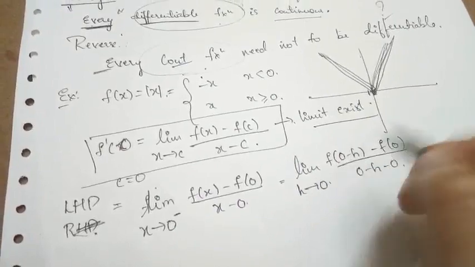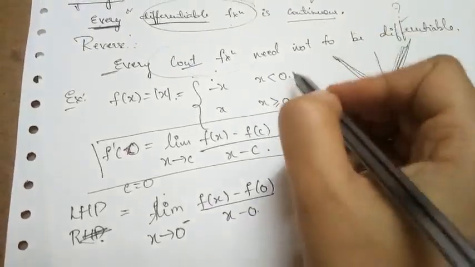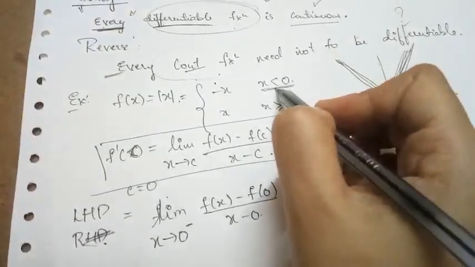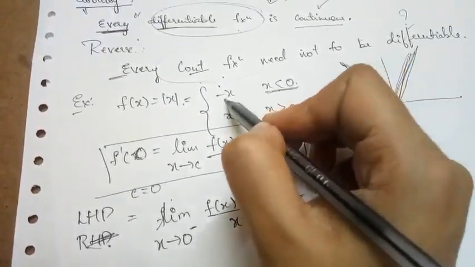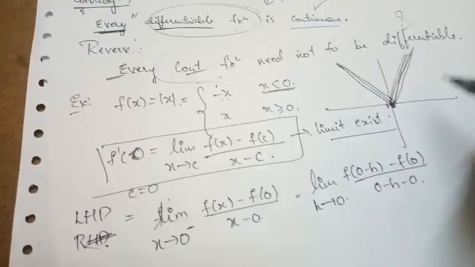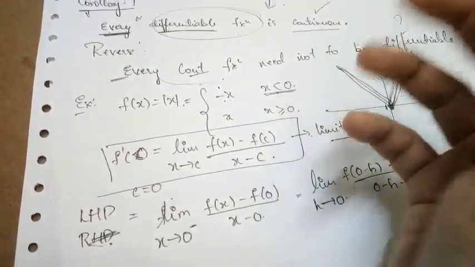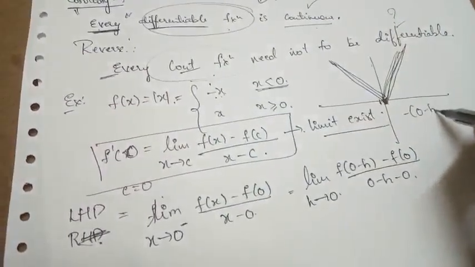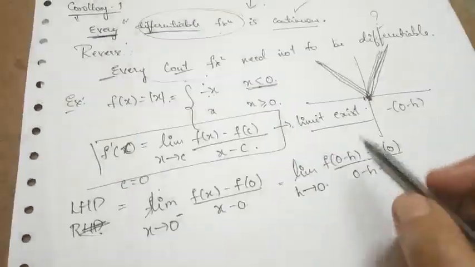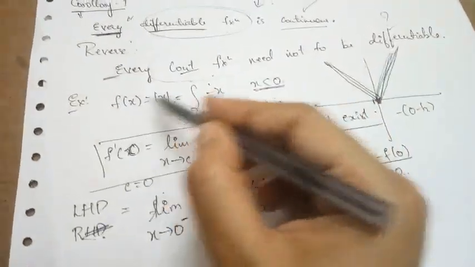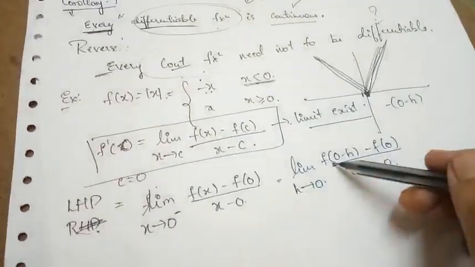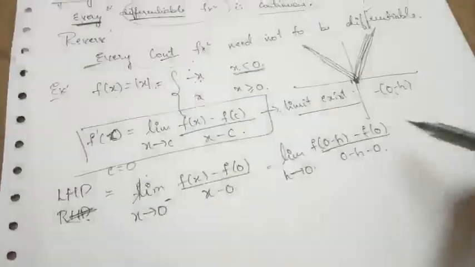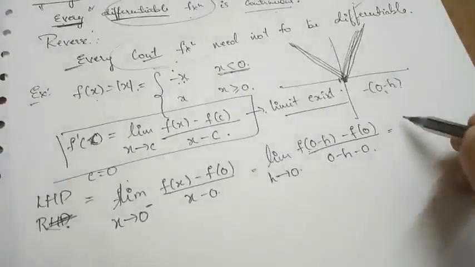Clearly 0 minus h is a very small quantity which is less than 0. So when x is less than 0, what is the function? Minus x. So f of 0 minus h is minus of 0 minus h, and minus into minus gives plus.